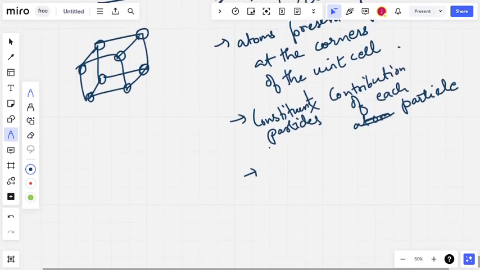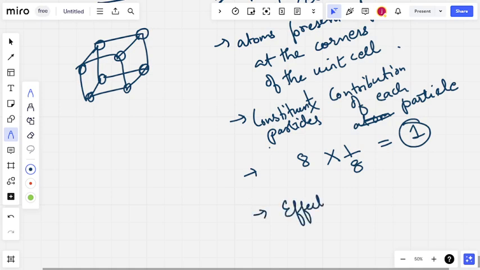So the constituent particles over here are 8, present at the 8 corners. Each one is having 1/8 as the contribution and the total is 1. So the effective number Z is equal to 1 for the primitive unit cell.